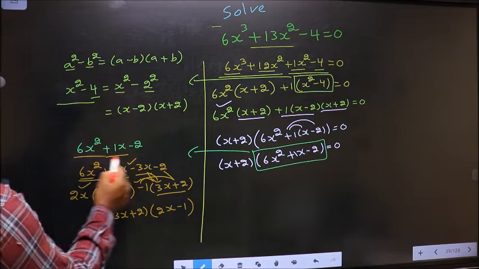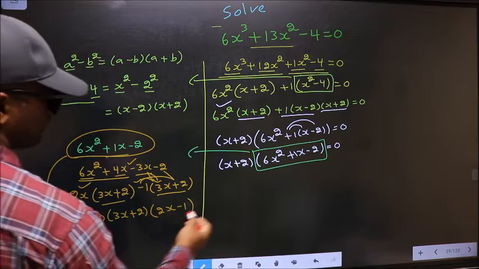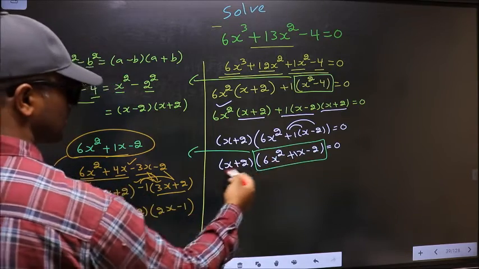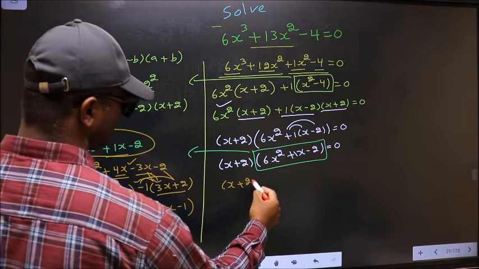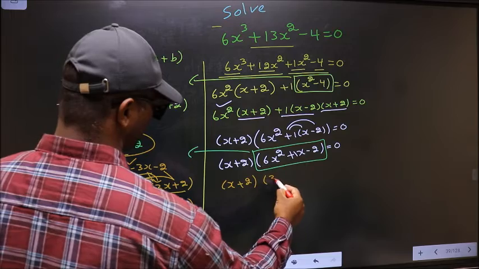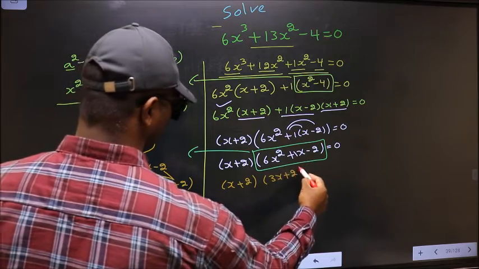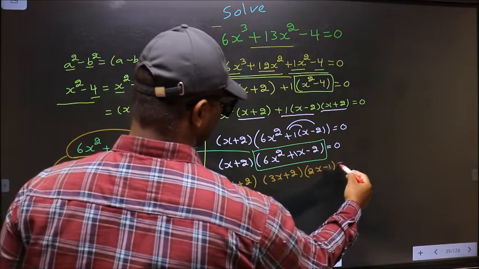Now in place of this quadratic we should write this over here. So this equation becomes x plus 2, in place of this 1, 3x plus 2, 2x minus 1 equal to 0.